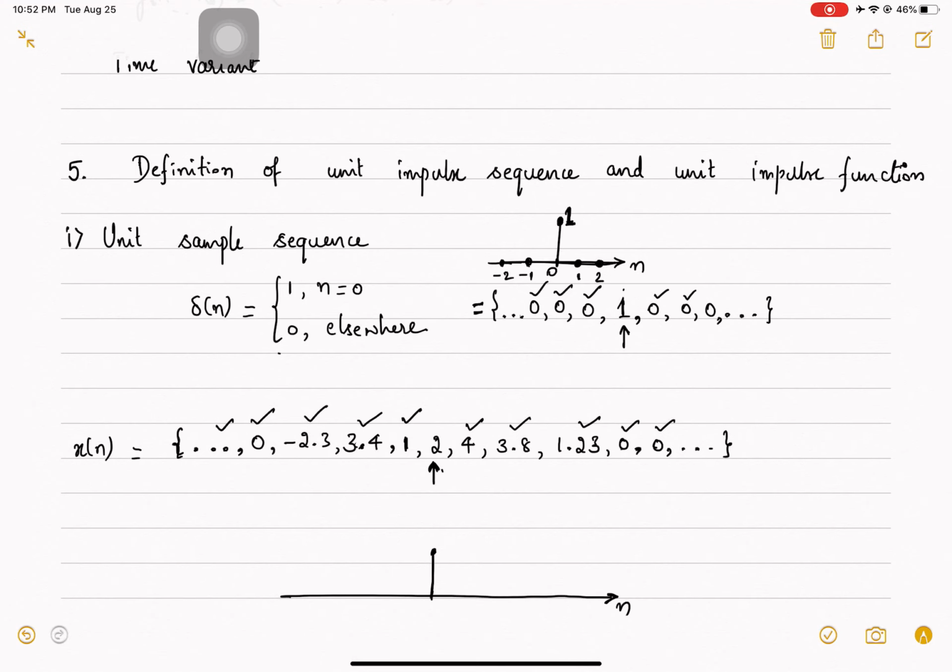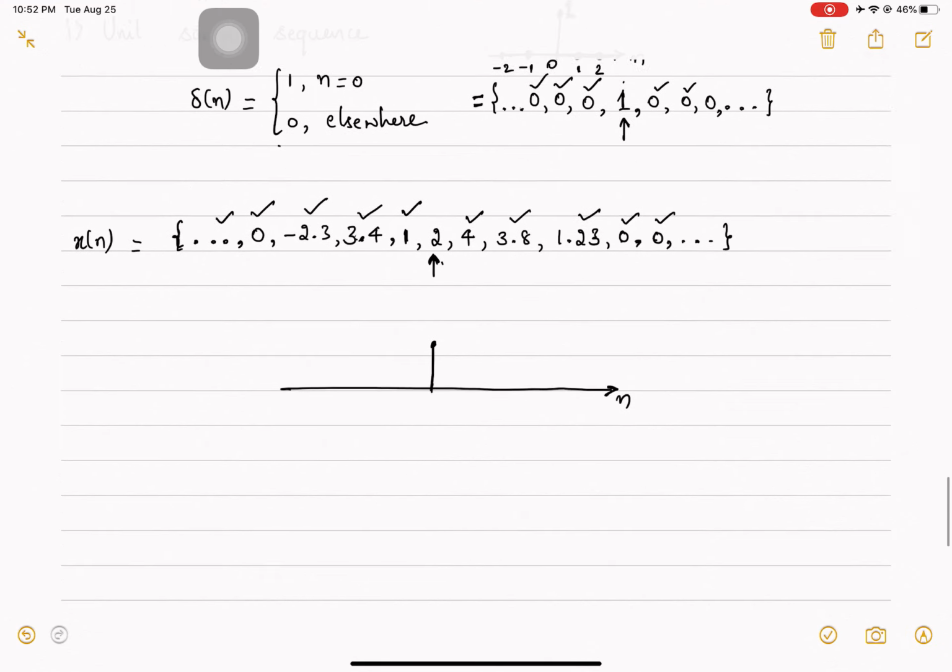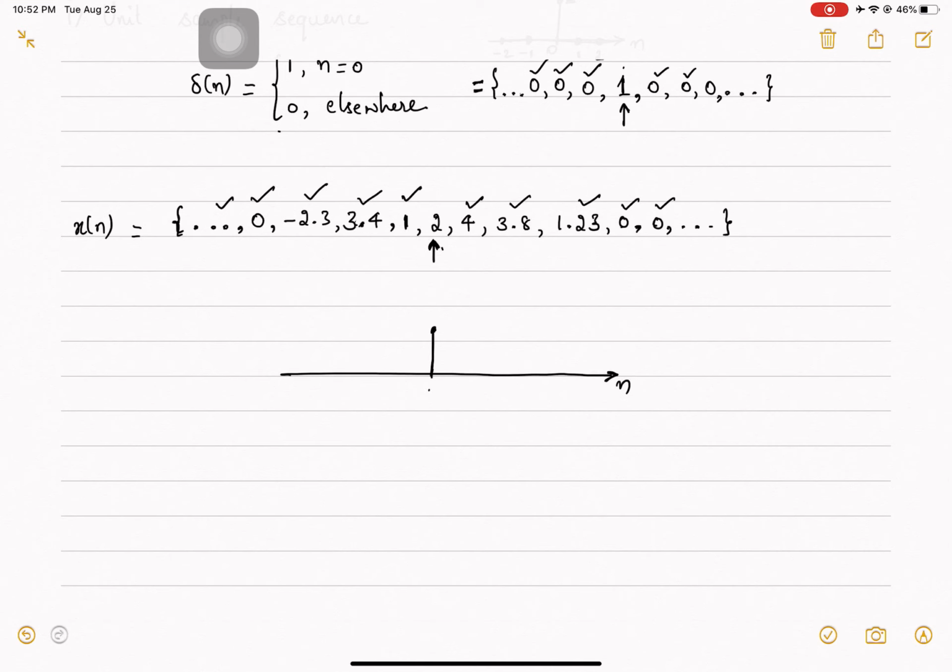Similarly, if I use that notation to draw, at n equal to 0, my function has a value of 2. At n equal to plus 1, the value of the function is 4, which is double the size. Next, at n equal to 2, it is 3.8.